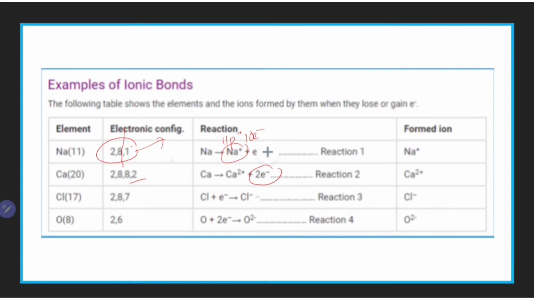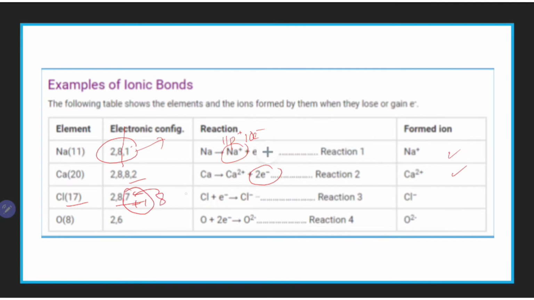This is for metal, so metal releases electrons to form a positive ion. And for a non-metal, Cl, for example, 17, the electronic configuration is 2, 8, 7, then it will receive 1 electron to become 8 valence electrons.